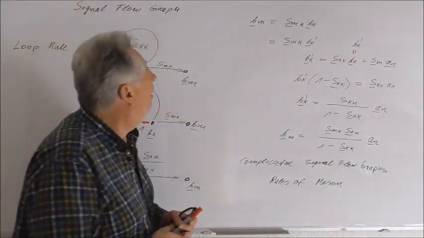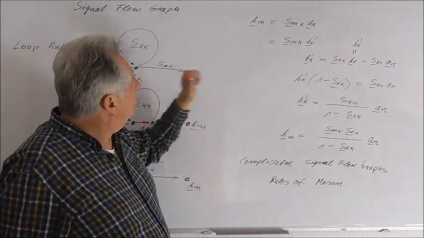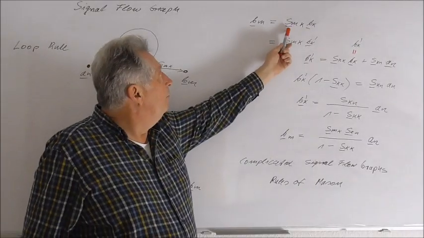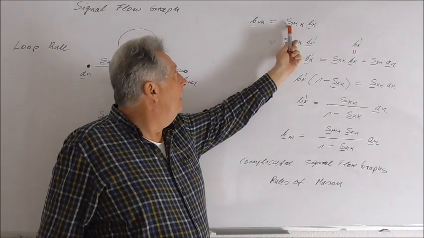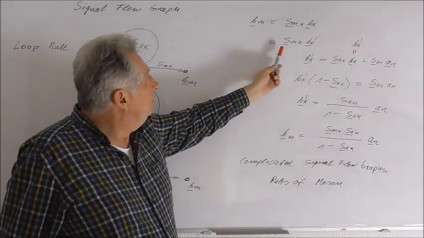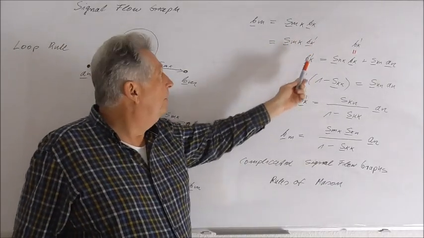To solve now for the total S parameter, we start with BM is equal to SMK times BK, which is identical to SMK times BK prime.